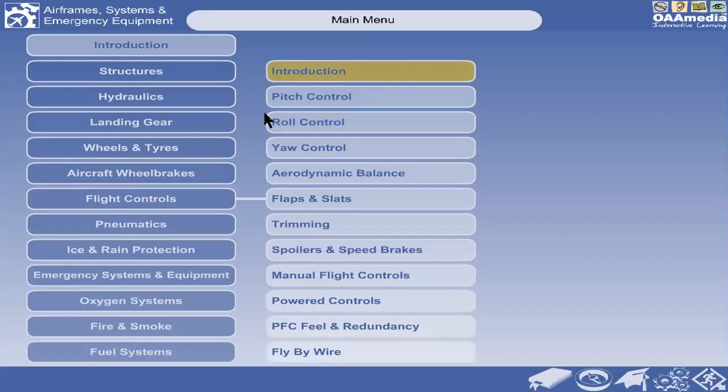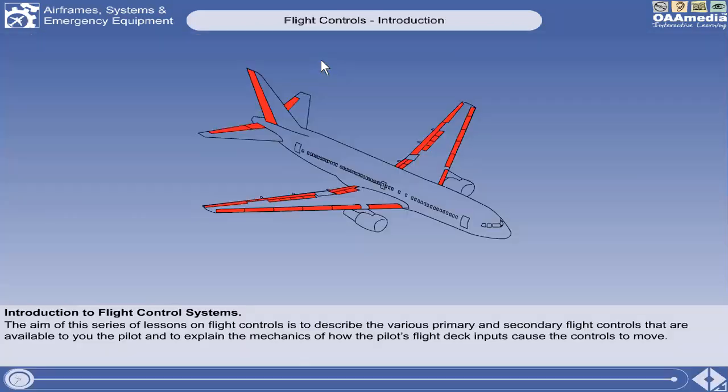So we're going to discuss now the flight controls. The aim of this series of lessons on flight controls is to describe the various primary and secondary flight controls that are available to you, the pilot, and to explain the mechanics of how the pilot's flight deck inputs cause the controls to move.